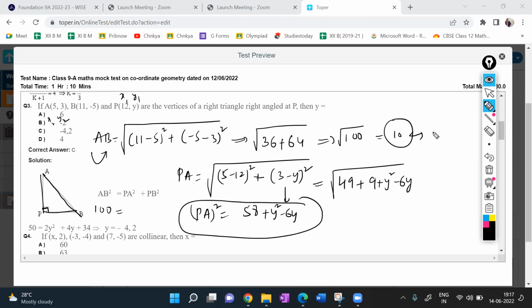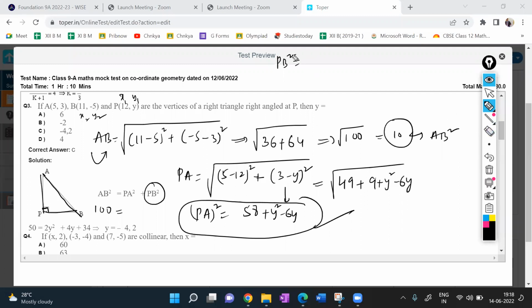This is AB square, this is PA square. What we need is PB square. Where can I find PB square? Look at it here. PB square is nothing but x1, y1, x2, y2. P is going to be my first coordinate, and the coordinates of B are going to be x2 comma y2, since we are talking about PB.